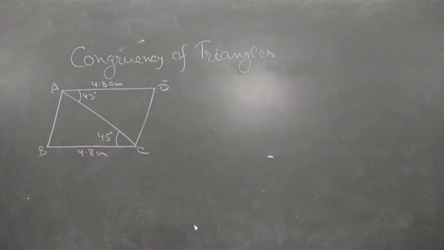Okay, as you are observing, in this case ABCD is a parallelogram. Sides AD and BC are given as 4.8 centimeter, and we have to prove triangle ADC and triangle ABC are congruent to each other, but we strictly obey the rule side angle side. So how do we solve it?